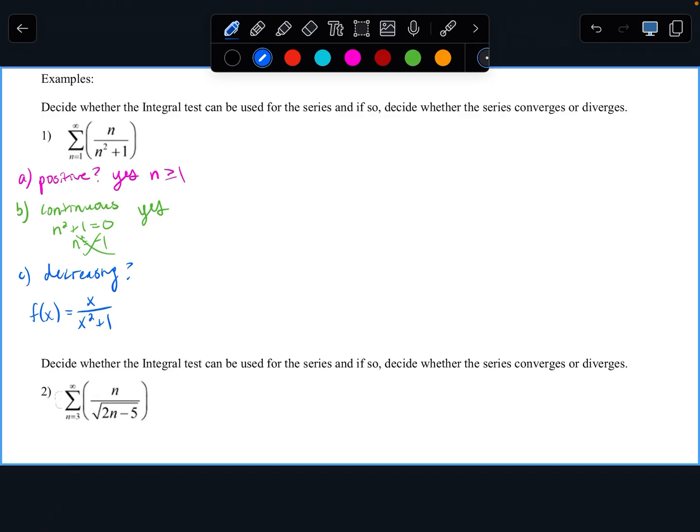Because you're doing f of x, so you change it to x's and you get to do a derivative. This is why I love integral tests. That's why I avoid this one like the plague. And quotient rule. It's like the trifecta. Loving my life.